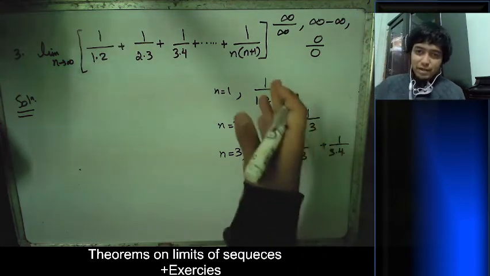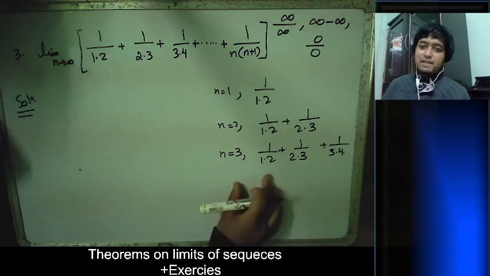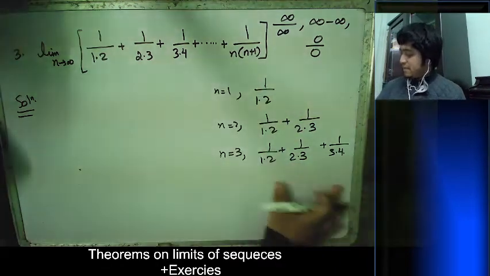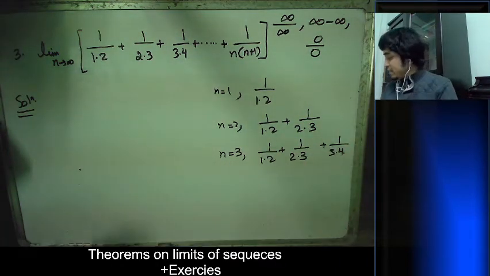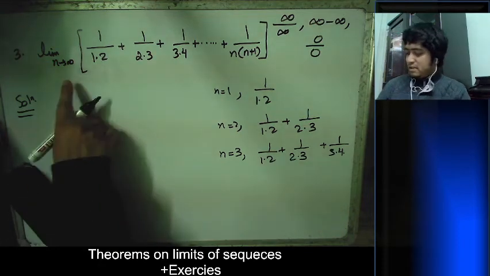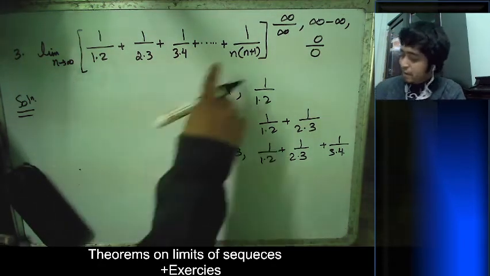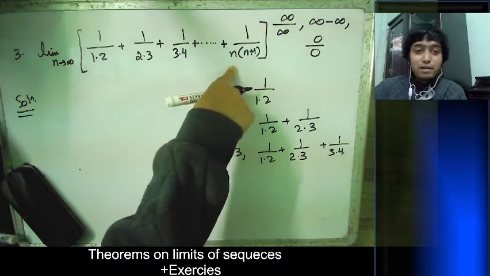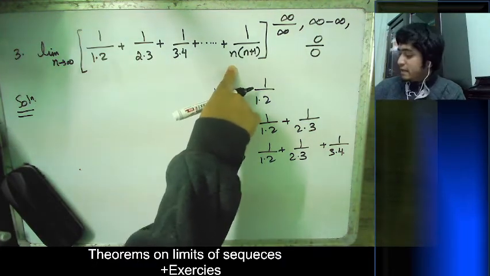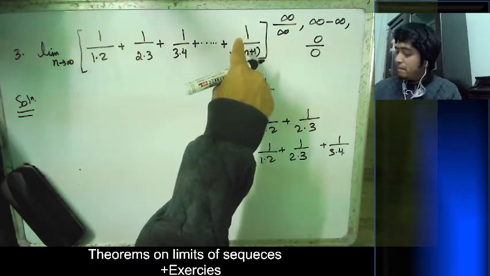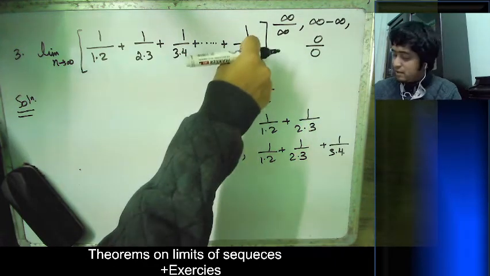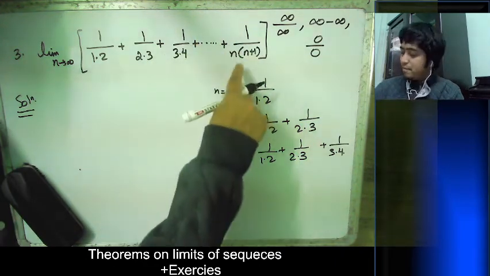Similarly, if you put n equal 4, n equal 5, n equal 6, you need to look at the last term and then write the terms before that. So you have to be very careful. Some of you may be trying to substitute n equal infinity over here, and then you will be having that this one is 0. You cannot do that because the term before it also depends on n.